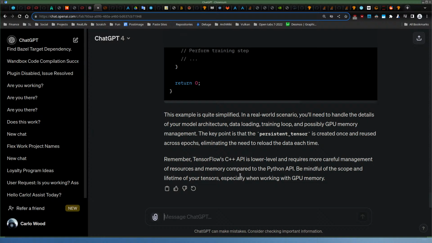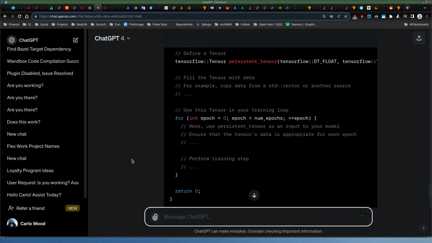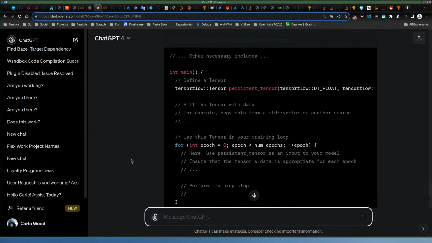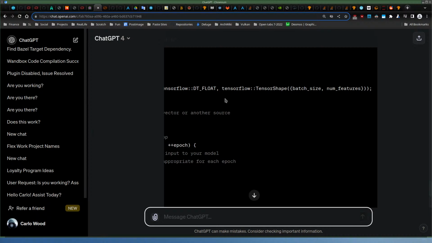Blah blah blah blah. Basically, this means I don't know. I'm better with Python. That's my translation of that. A paragraph that comes back over and over again. There's absolutely nothing persistent about this, of course.